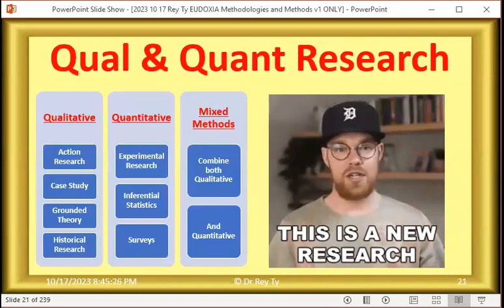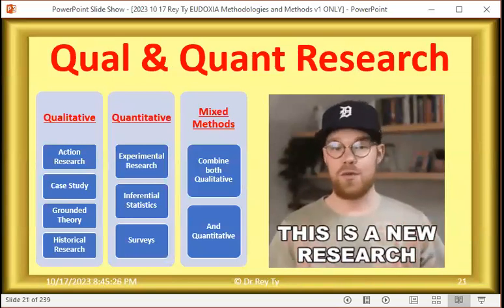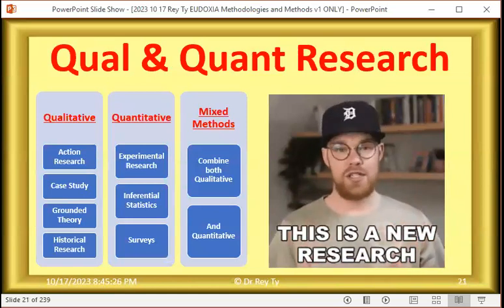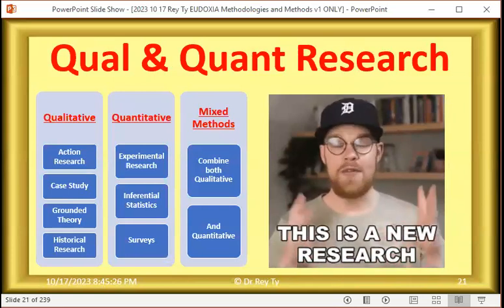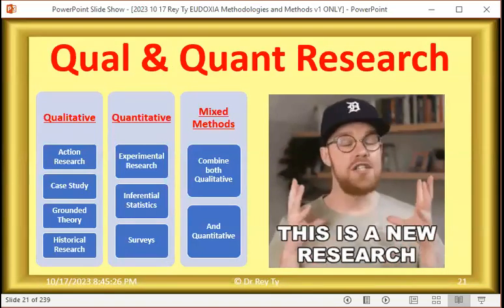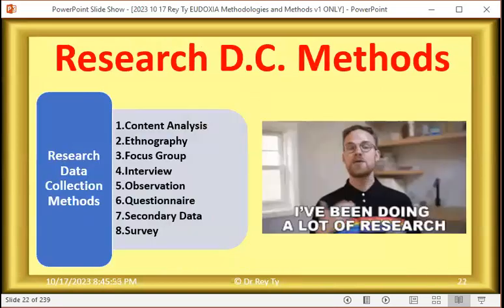And for quantitative and qualitative research, sometimes you have mixed methods. One would be done after the other, quantitative first and then qualitative, or qualitative and then quantitative, or concurrent, conducted at the same time. So you have three major ways by which research is done. And for research method, it's sometimes called data collection method.